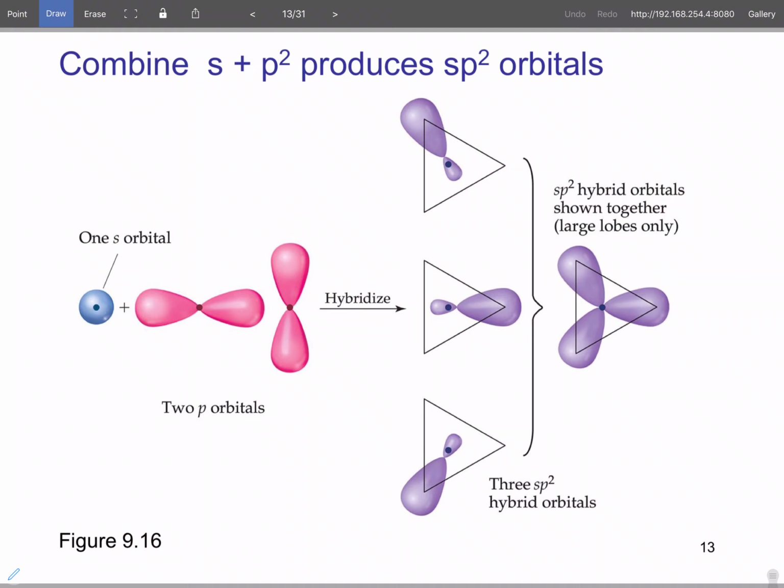And if you put the 3 identical lobes together, you're going to end up with a trigonal planar structure because it is trying to separate out. It's still trying to repel.